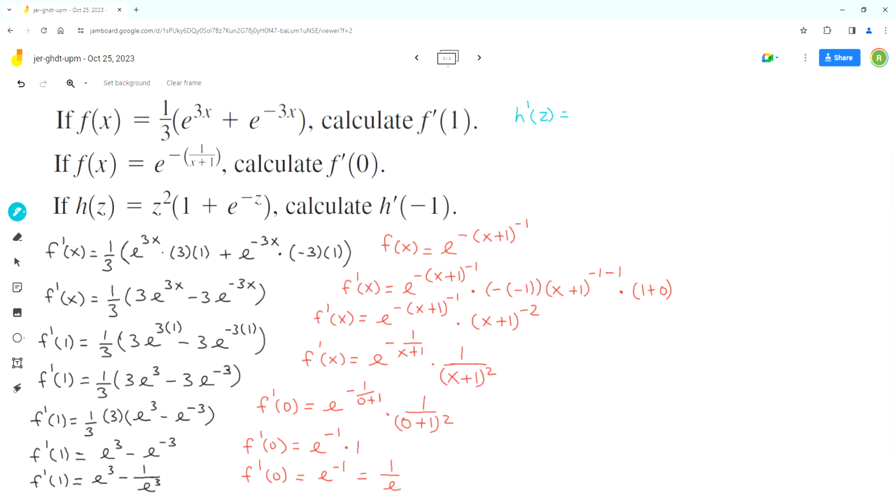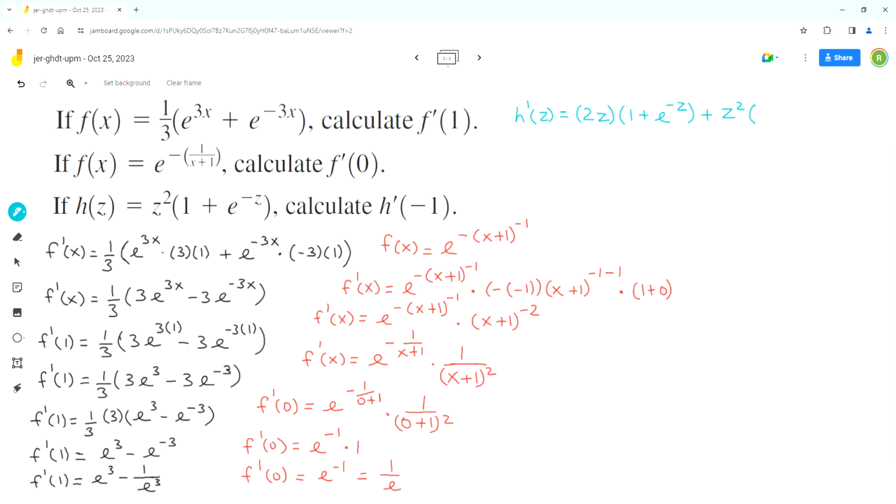So we start with the derivative of the first term, z squared, and the derivative of z squared is 2z as per the power rule, times the second term, so 1 plus e to the power negative z, and then plus the first term, which is z squared, times the derivative of the expression in the parentheses.